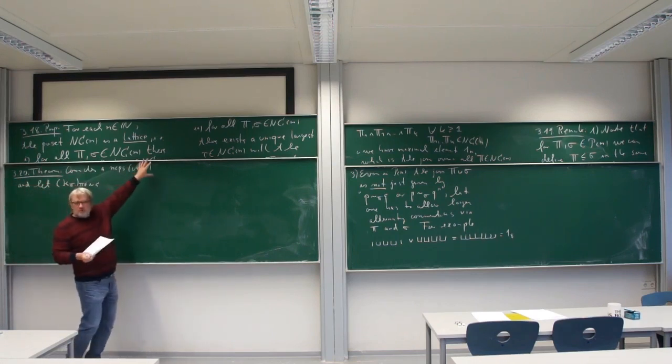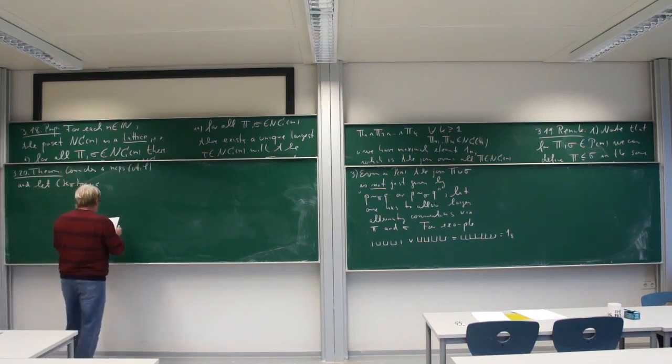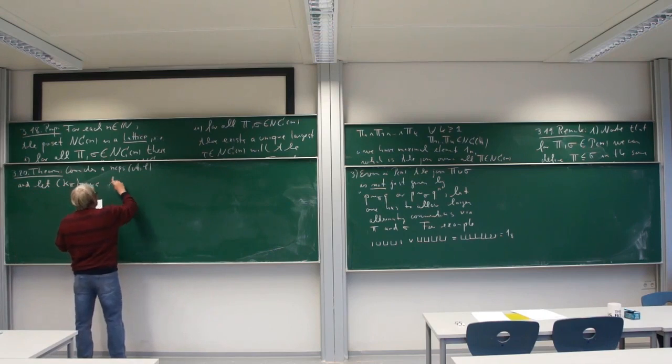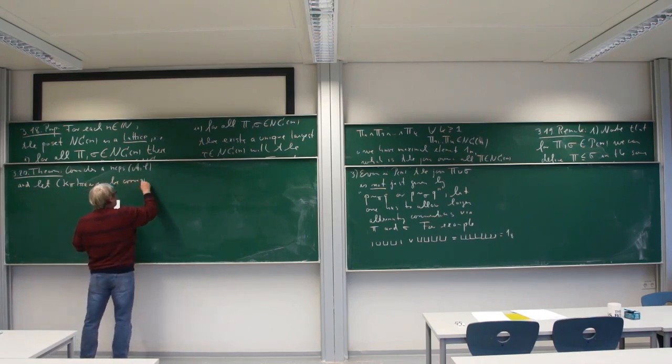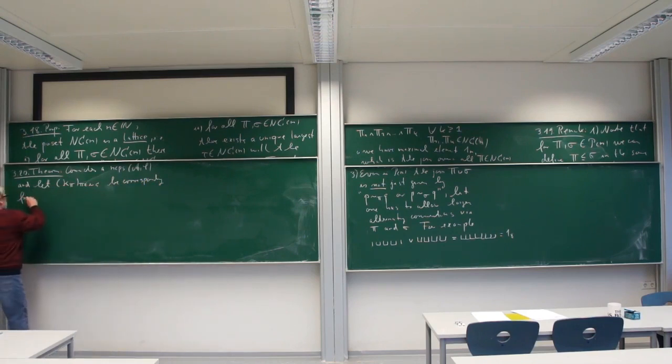The phi gives me the moment functionals, and from this I calculate the cumulant functionals via Möbius inversion on the lattice of non-crossing partitions. So those should be the corresponding cumulants.